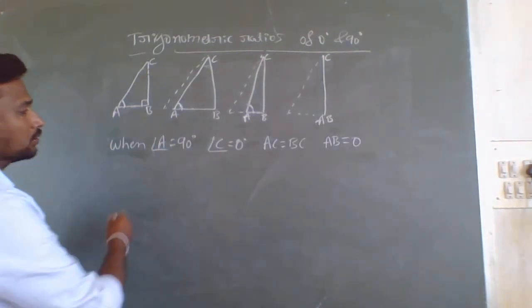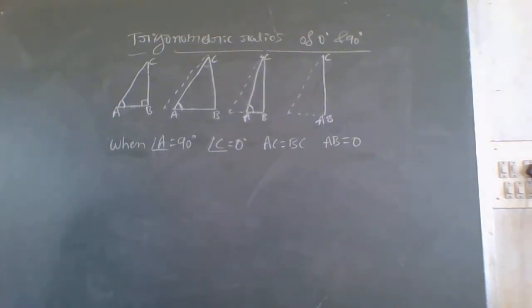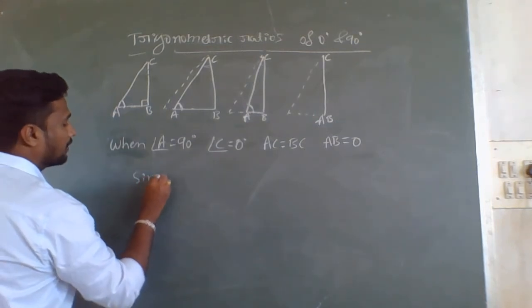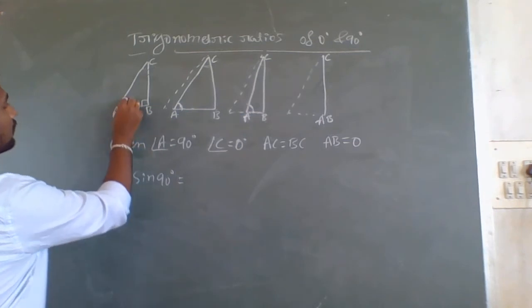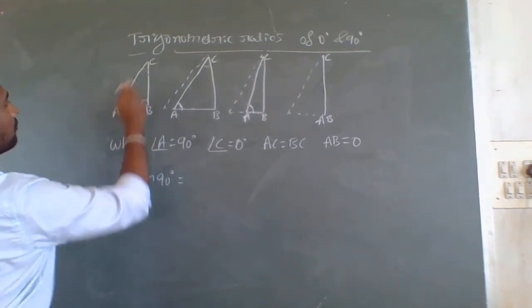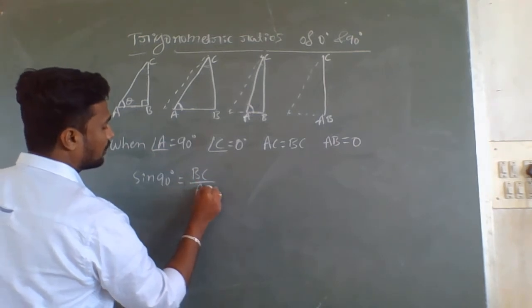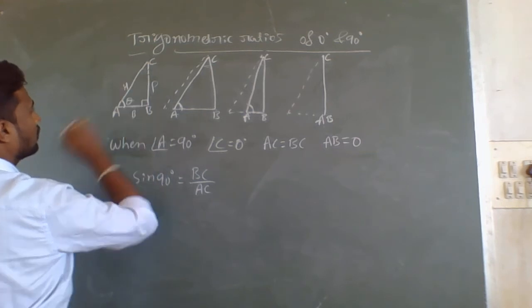So now by using these values, I will try to write trigonometric ratios with respect to 90 degree. Sin 90 degree, if it is theta, equals BC by AC, because this is perpendicular, this is base and hypotenuse.